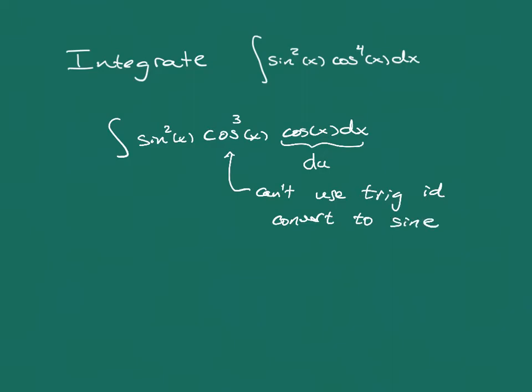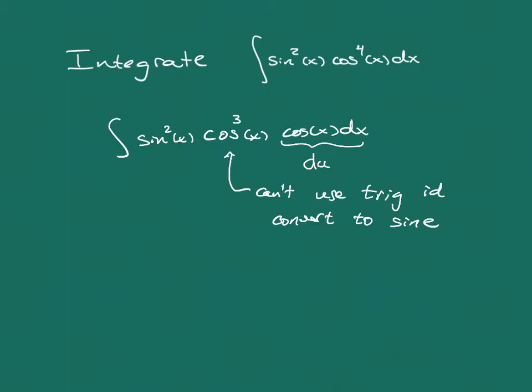If the power was even, then I could divide that by 2, use cosine squared is 1 minus sine squared, convert everything to sine, and go forward. In this case, since that remaining power is odd, I can't do that anymore, and so my technique from the previous video fails to work.